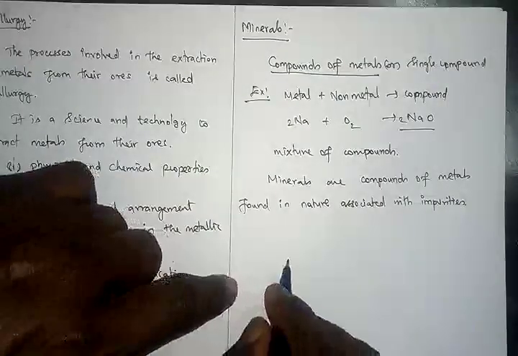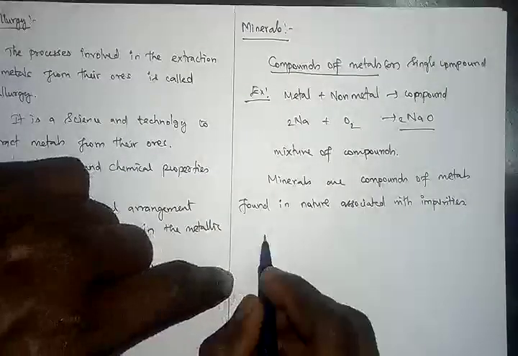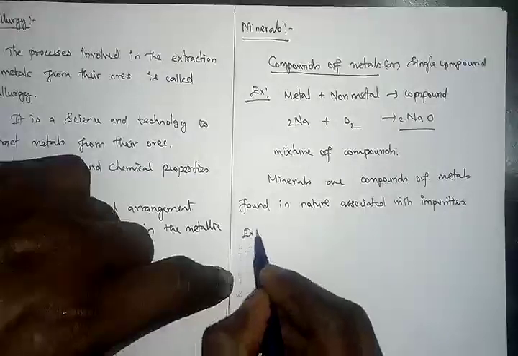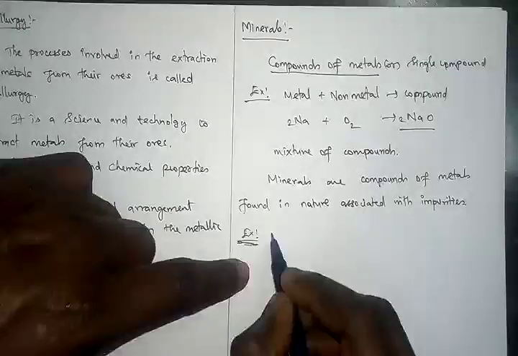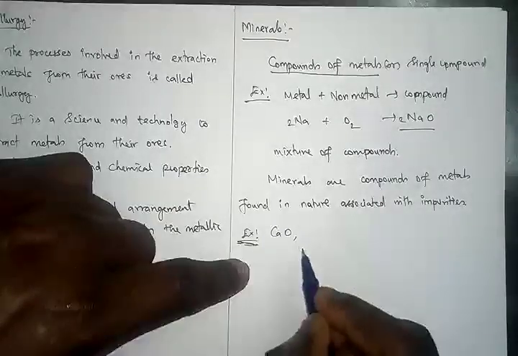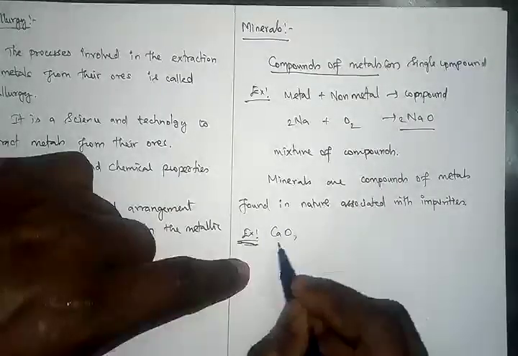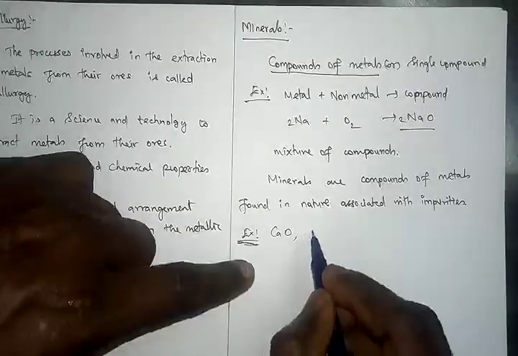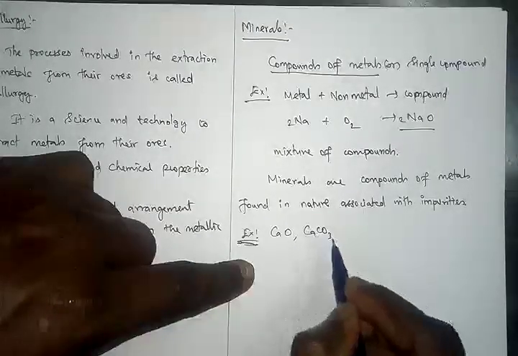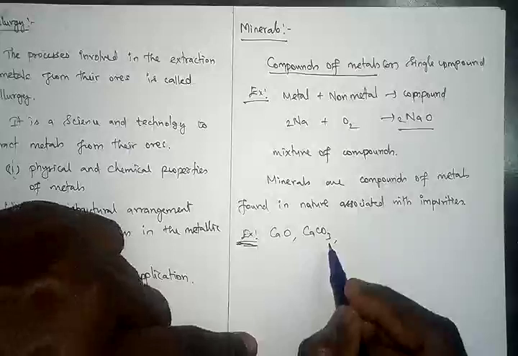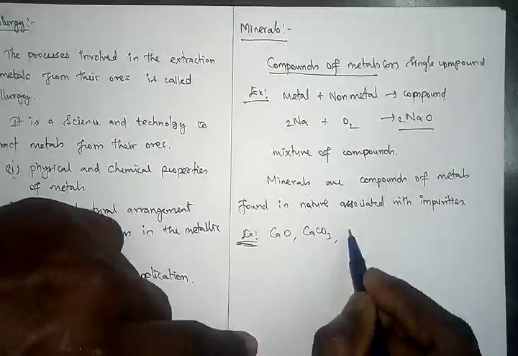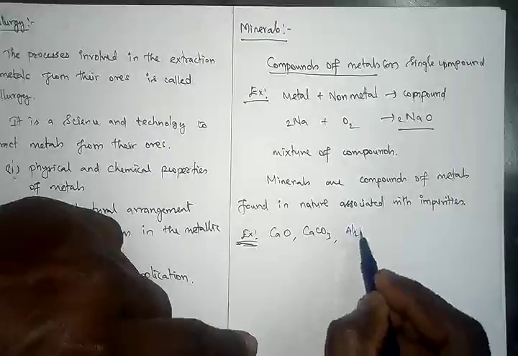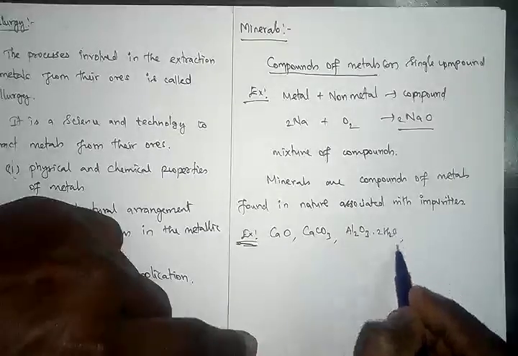Normally, some examples, if you see: calcium oxide is a kind of mineral. Calcium carbonate, limestone, that is called marble. Similarly, we can call bauxite, Al2O3.2H2O.